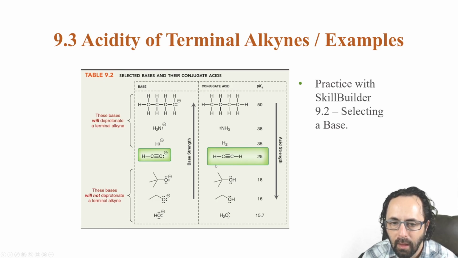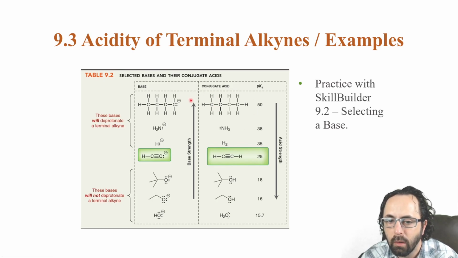Okay, and so in terms of strengths of bases, remember, the weaker the acid, the stronger the conjugate base. So a carbanion on an alkane here will be extremely basic because it is the weakest acid when it's protonated.